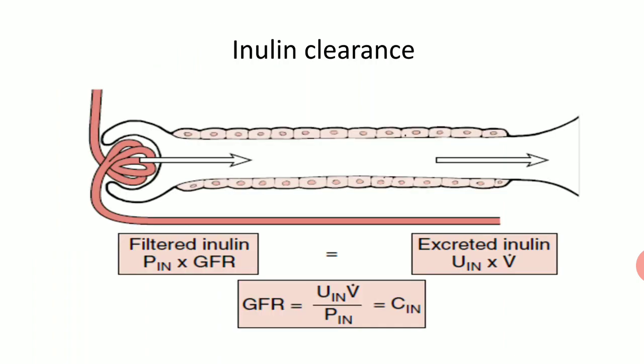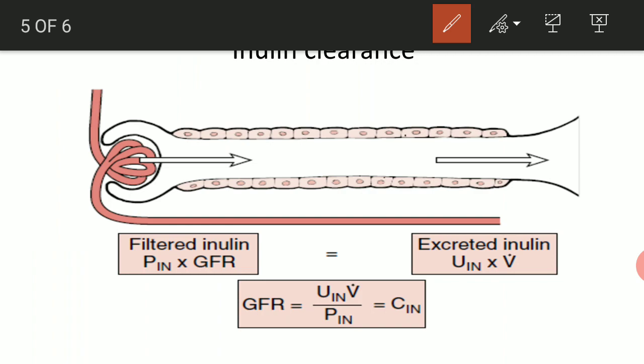And this is the same concept which we discussed in the previous slide. Inulin clearance: filtered inulin, that is plasma inulin concentration times GFR, equals excreted inulin, urinary inulin concentration times volume of urine. So GFR is urinary inulin concentration times volume of urine divided by plasma inulin concentration, and that is also the clearance of inulin.